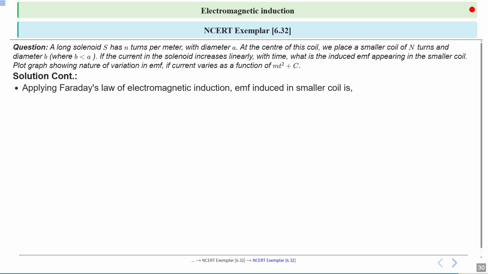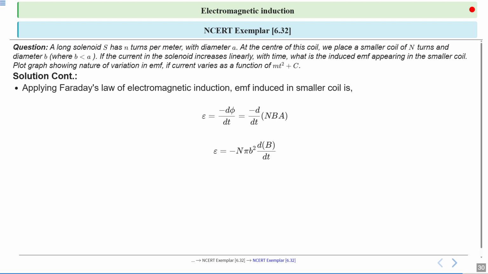So applying Faraday's law of electromagnetic induction, the EMF induced in the smaller coil is epsilon equal to minus d phi by dt. What is phi? We have calculated the magnetic flux through the smaller coil, phi is equal to NBA. So epsilon equal to minus n, the number of turns, which is fixed, so it will come out of the derivative.